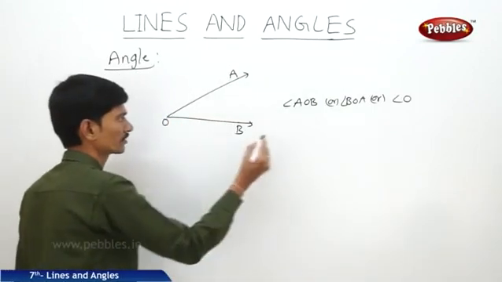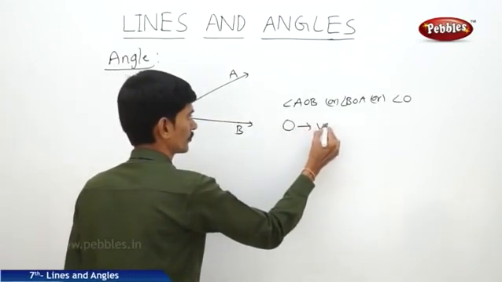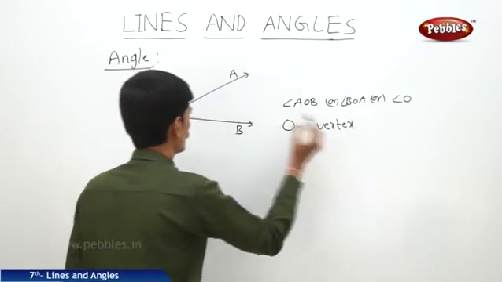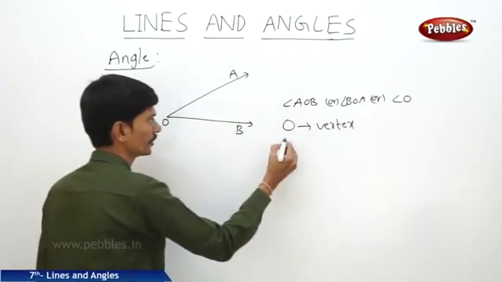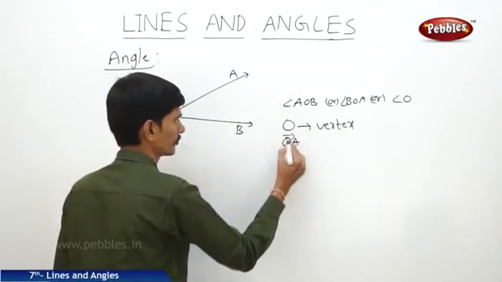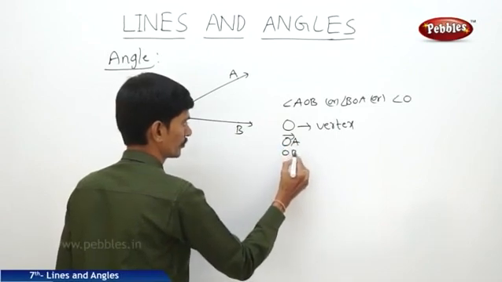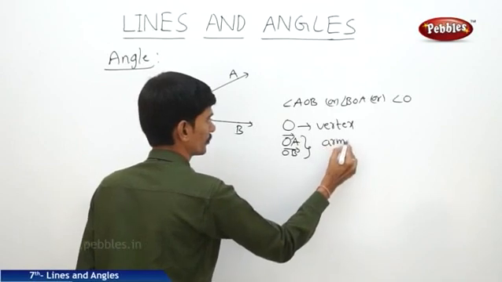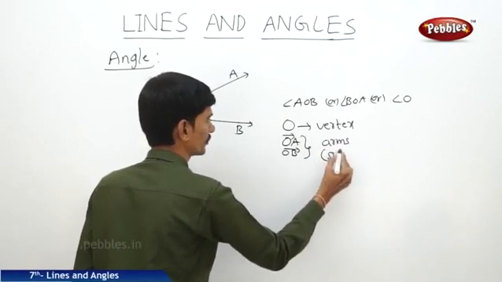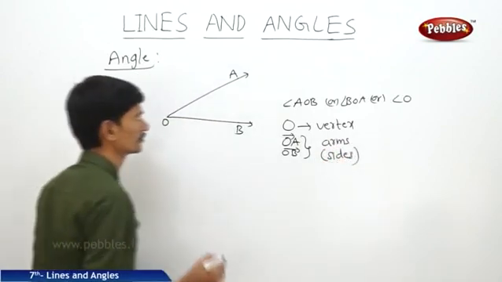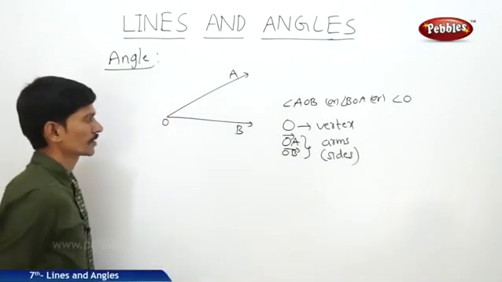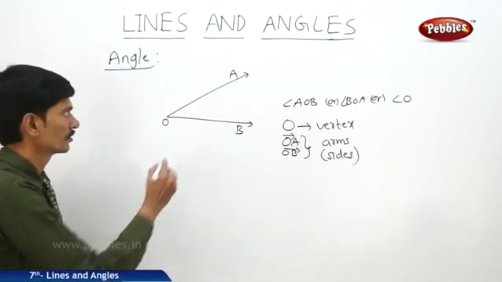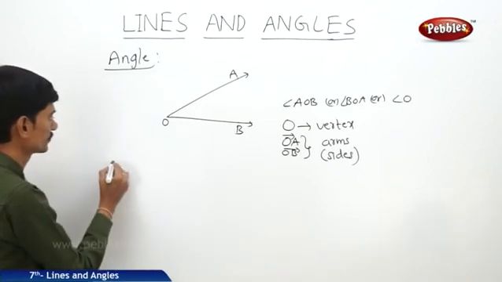Here O is the vertex and the rays OA and OB. So these rays OA and OB are the arms or sides of the angle. Now types of angles.